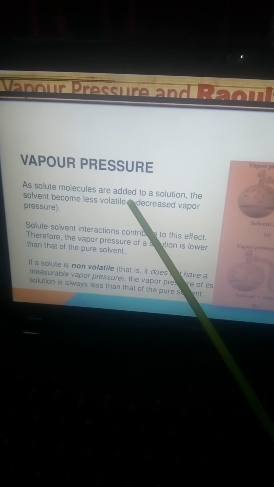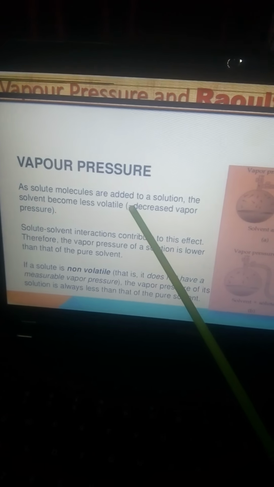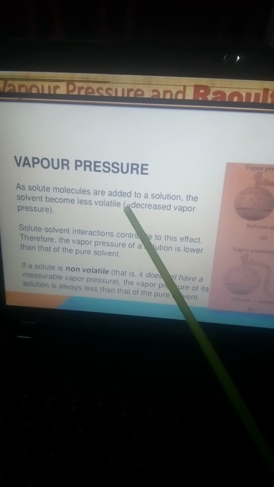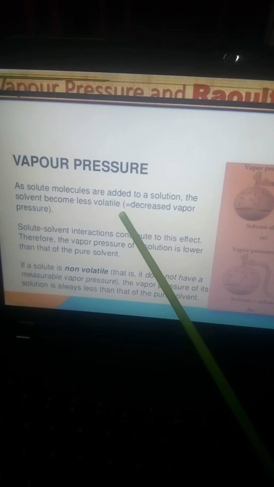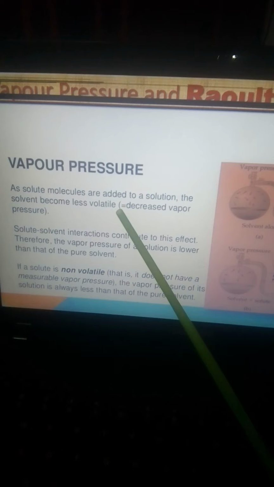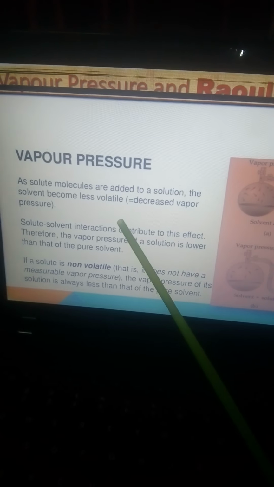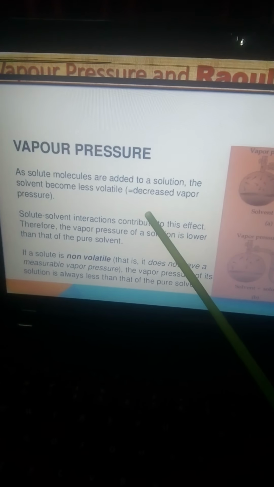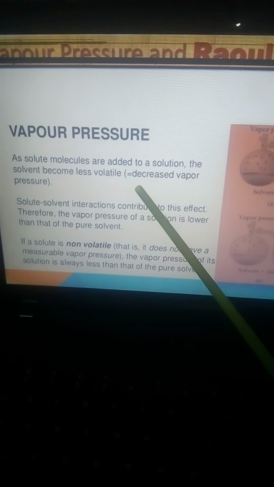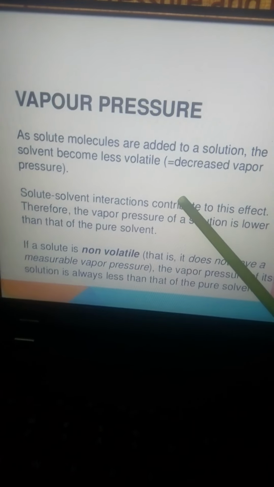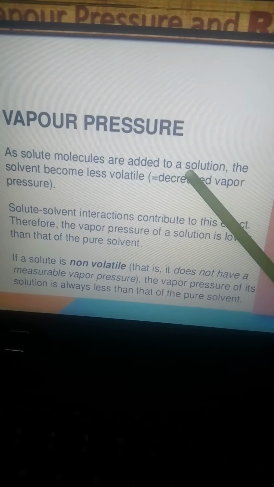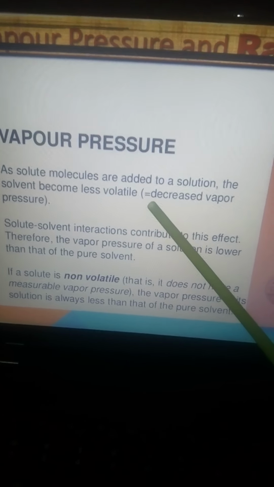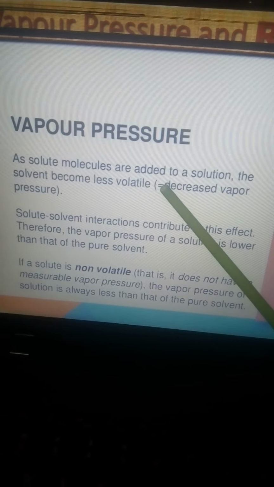So there will be fewer solvent molecules at the surface, and we know that only the surface particles come to the vapor phase from the liquid. So fewer solvent molecules come to the vapor phase, and thereby the vapor pressure decreases.